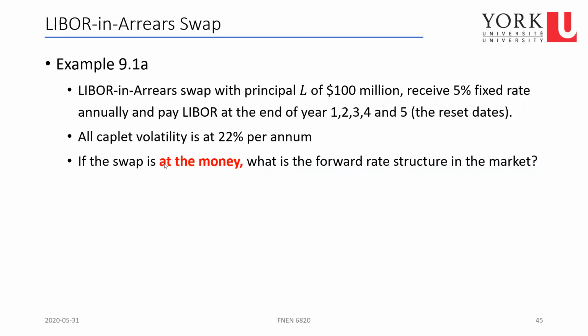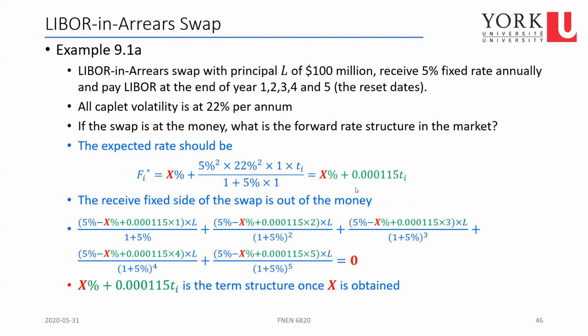At the money means the swap has zero value. In the earlier question, the pay fixed side actually has a negative value. In this particular case, we don't know what this structure is. It's still flat, but we don't know what that rate is, so we're going to calculate a rate here.